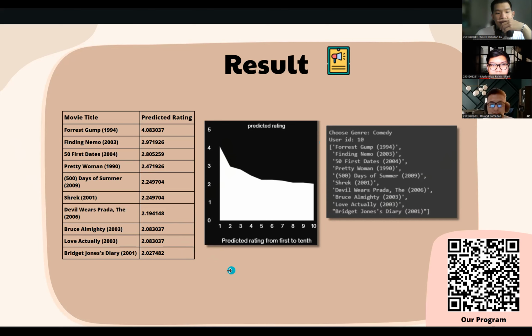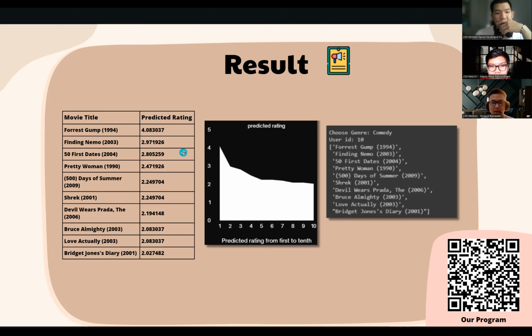The first movie, which is the most recommended, is Forrest Gump, which has a predicted rating of around 4. And then the next movie that is recommended to the user is Finding Nemo, which has a predicted rating of around 2.9.